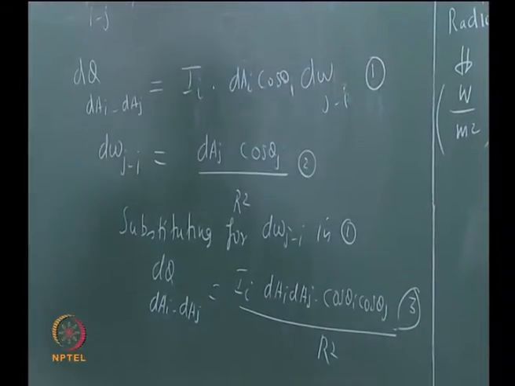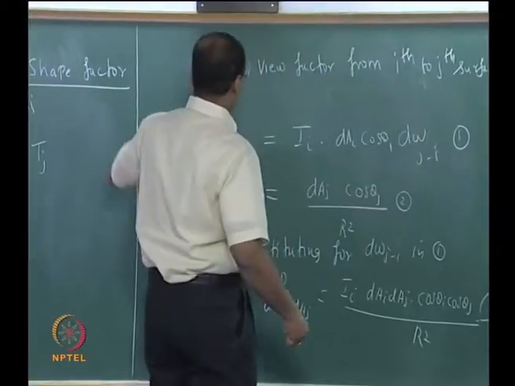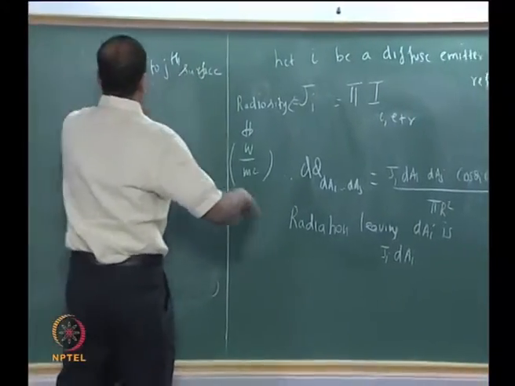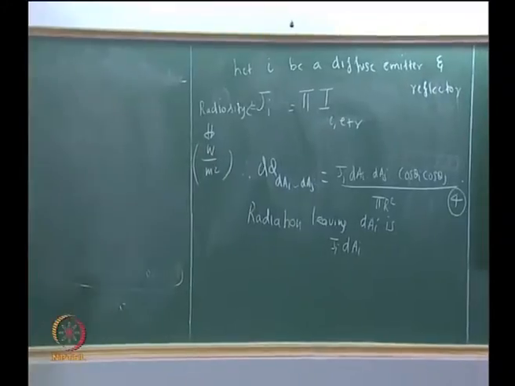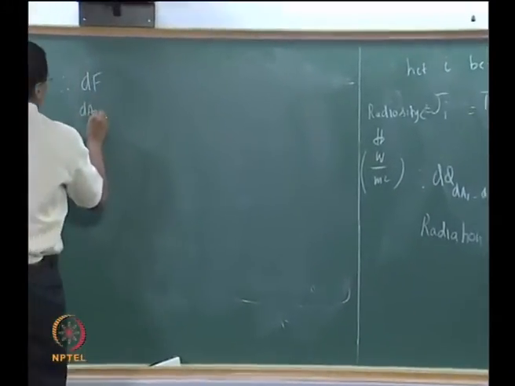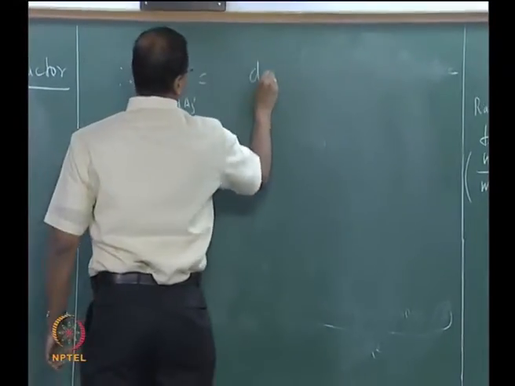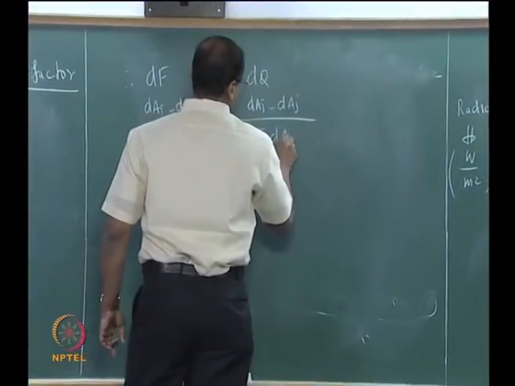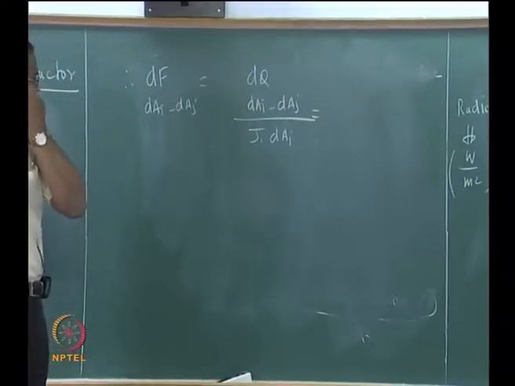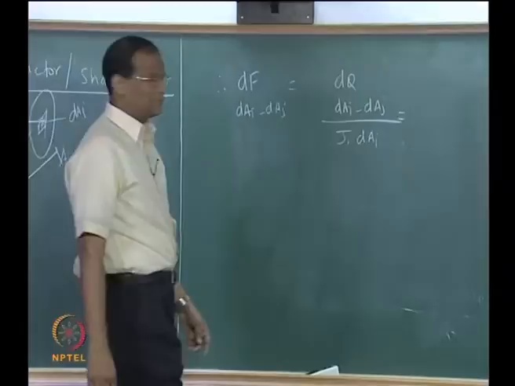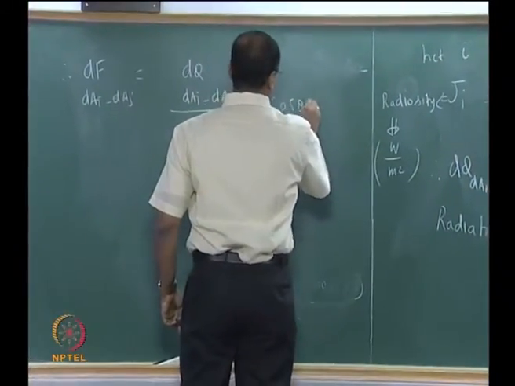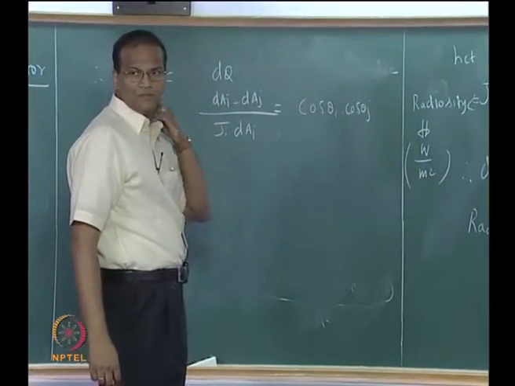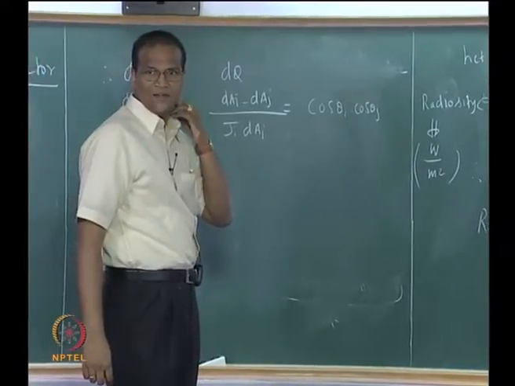Now I can get the fraction. Therefore, F equal to cos theta i cos theta j.